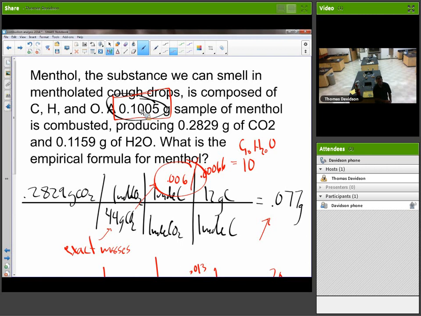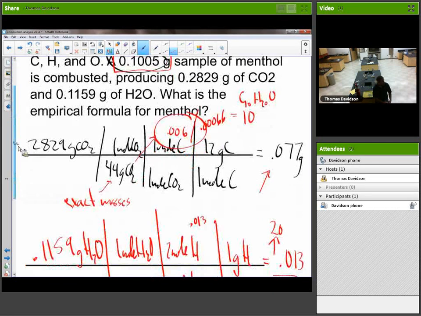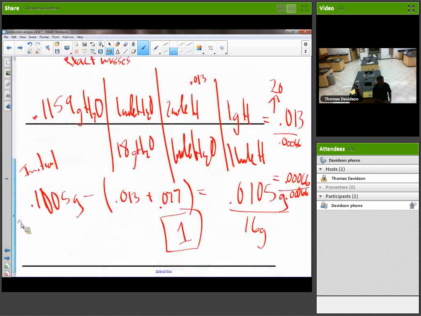Yeah? So how did you go from oxygen being 10 to having C10H20O? Oxygen wasn't 10, I got 9.9. You have to re-times them all together.